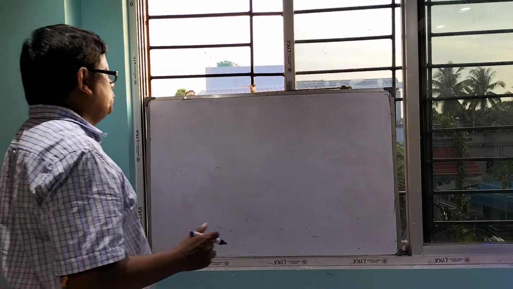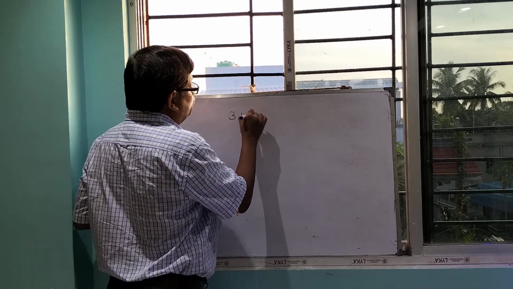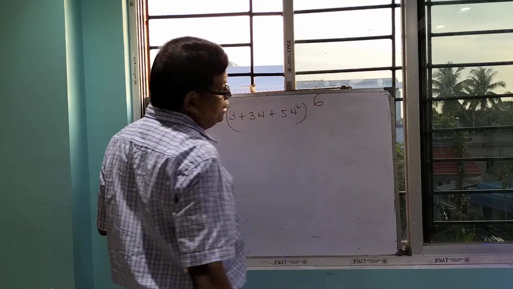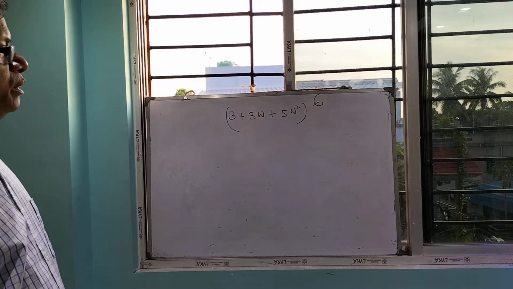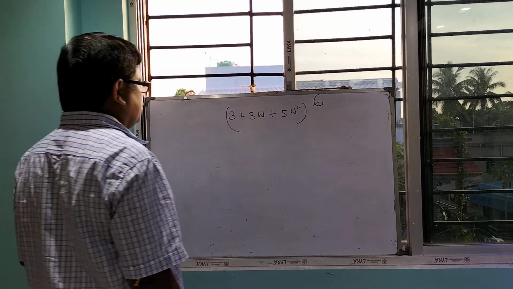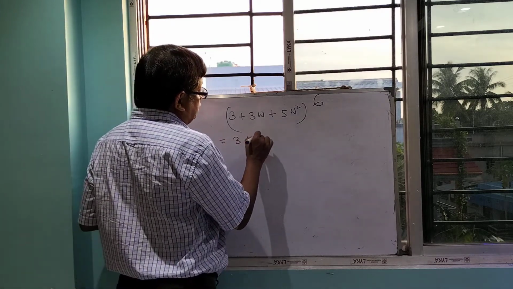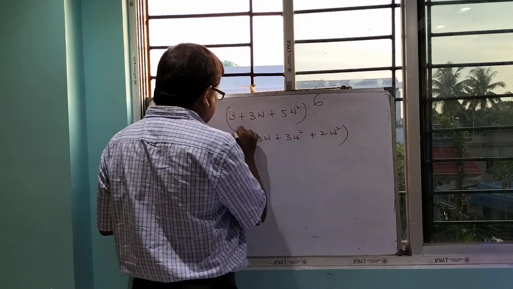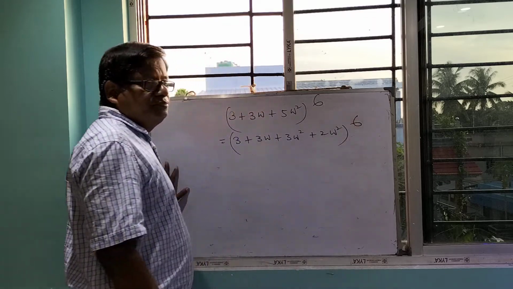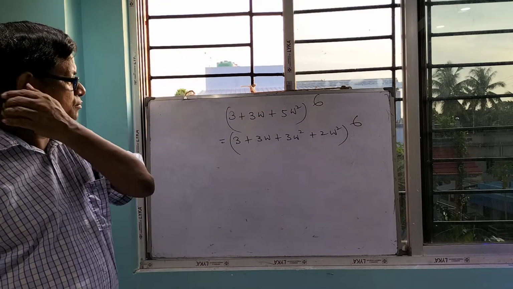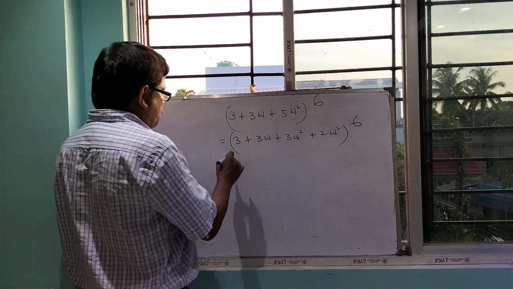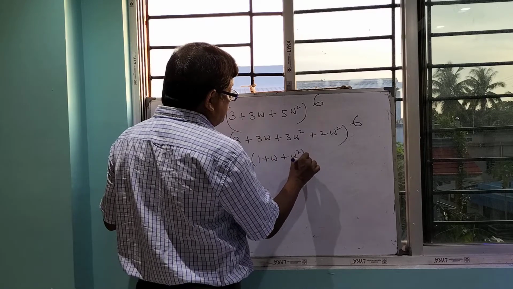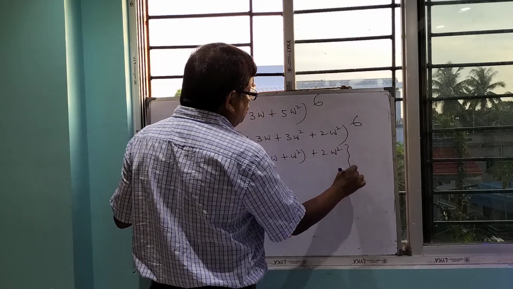Again, suppose 3 plus 3 omega plus 5 omega square whole to the power 6. What is the value? Now you can write addition 3 plus 3 omega plus 3 omega square plus 2 omega square, we can write now 6. Now 3 plus 3 common 1 plus omega square plus 2 omega square whole to the power 6.